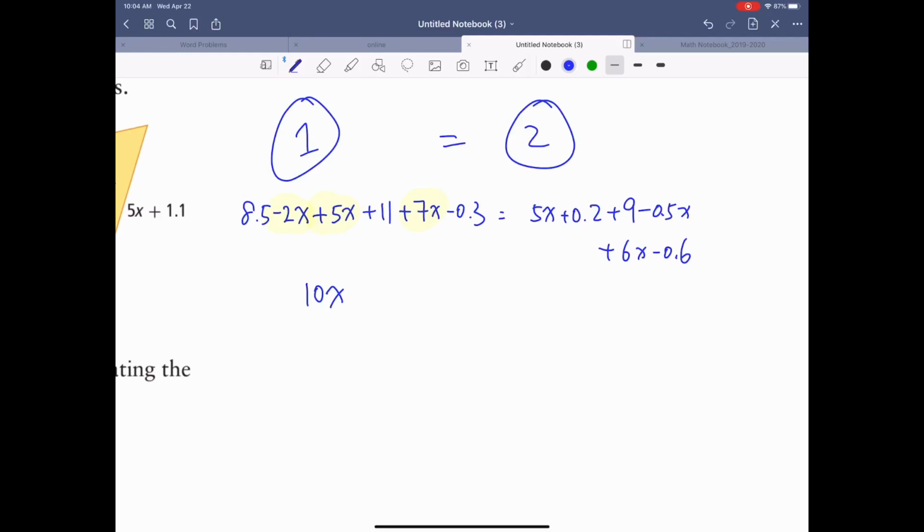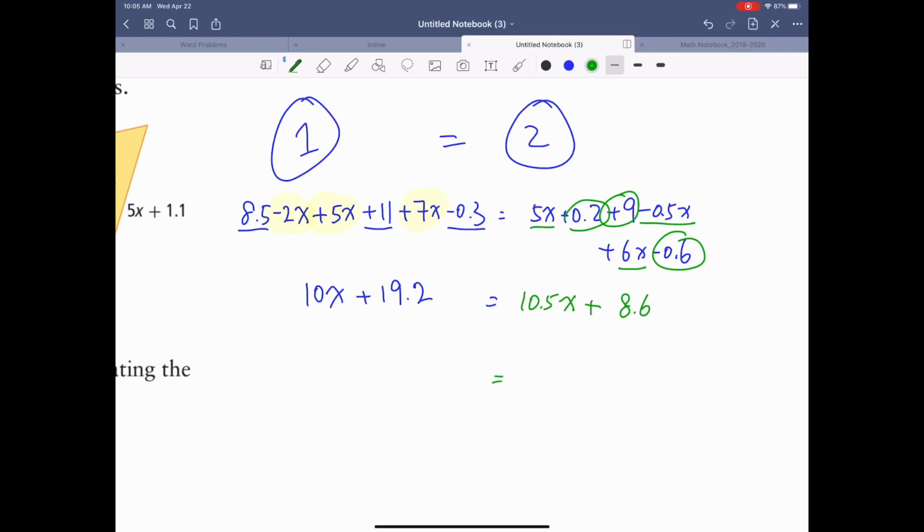The number terms are 8.5 plus 11 minus 0.83, which I think gives you 19.2. On this side, 5x minus 0.5x plus 6x gives you 11x minus 0.5x, which is 10.5x, plus the numbers combined, 9.2 minus 0.6, which gives you 8.6. Sorry, I'm just thinking out loud here.